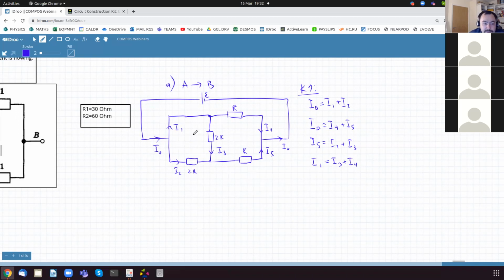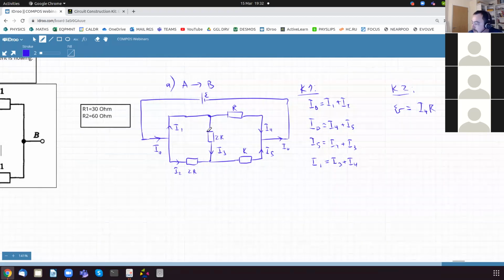Finally, what can I do? I write Kirchhoff's second law. Kirchhoff's second law that EMF is I4R, because we can make a loop that goes like this. EMF is equal to I4R.